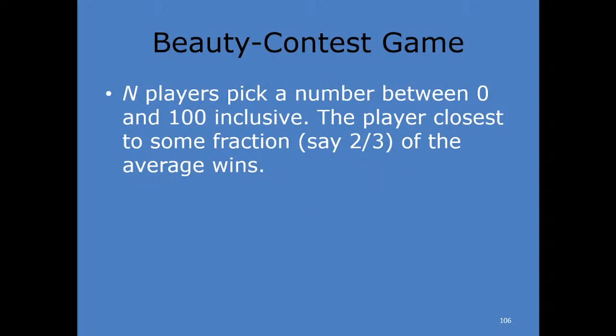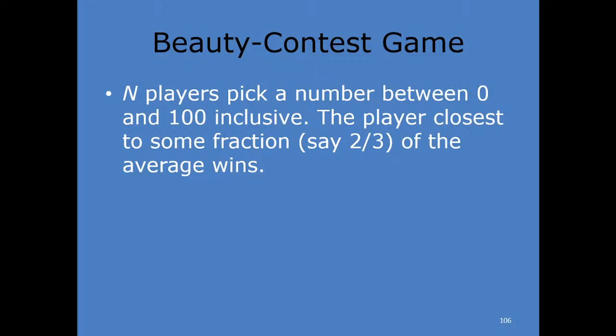Now, there's another game known as the beauty contest game, which is slightly more complex to anticipate the outcome of. So imagine that you have n players picking a number between 0 and 100 inclusive, so it could be 0, could be 100 as well, or any number in between. The player closest to some arbitrary fraction, let's say 2/3 of the average, wins.